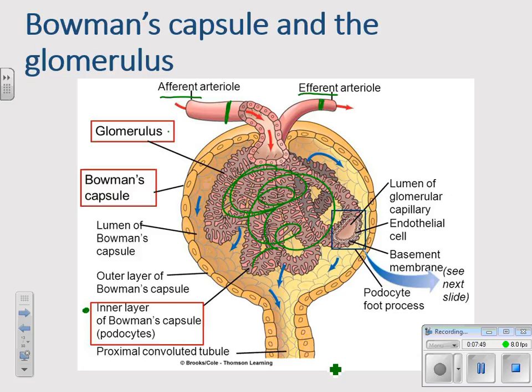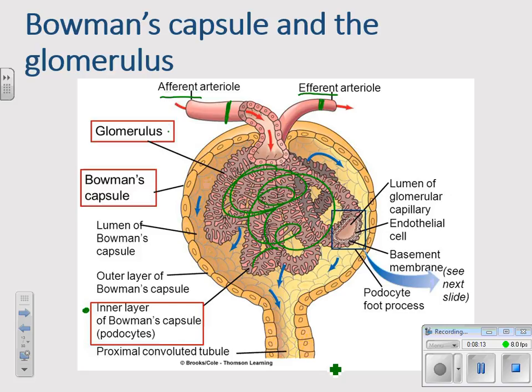And you can see the little feet, these extended bits on them. Now, they don't do anything very special. They're very unusual, but all they really do is support those blood vessels. So they're there for support. And there's also a membrane. It does say over here, basement membrane, see next slide. As it happens, I have got basement membrane on the next slide.